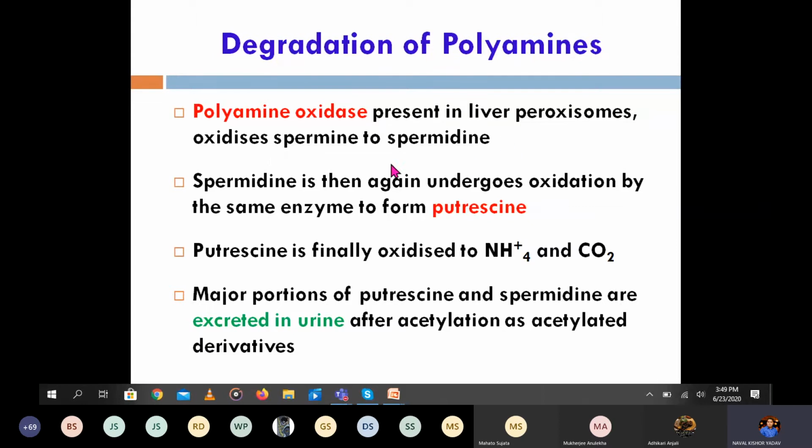Secondly, this spermidine is converted into putrescine by the same enzyme, polyamine oxidase, and finally this putrescine is converted into ammonia and carbon dioxide. The major portion of putrescine and spermidine is excreted through the urine after acetylation. An acetyl group will be added, and these acetylated derivatives will be easily excreted out through the urine. So in this way, there is degradation and also excretion of the polyamines from our body.